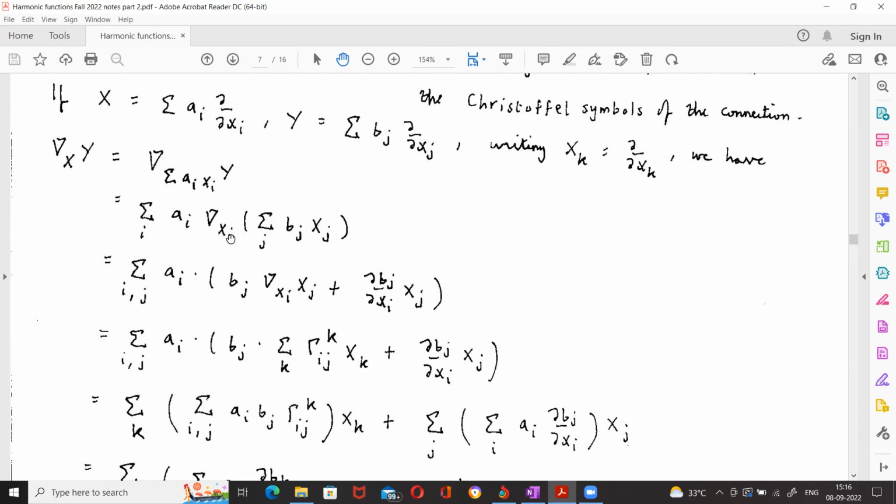So this is going to become, inside, bj nabla_Xi Xj plus Xi applied to bj. What is Xi? Xi is del/del xi. So del/del xi applied to bj is just del bj/del xi, times Xj. Is this clear?